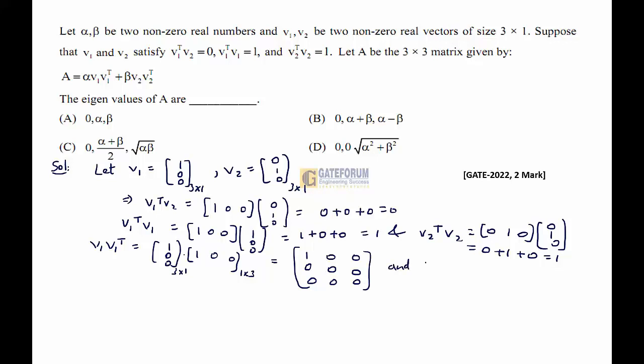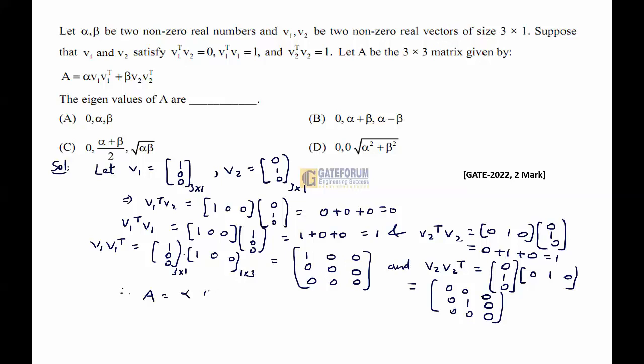And v2 v2 transpose. This is column vector 0, 1, 0 multiplied by row vector 0, 1, 0. So you will be getting 0, 0, 0, 0, 1, 0, 0, 0, 0. So therefore, the matrix A is alpha into v1 v1 transpose. This 3 by 3 matrix multiplied by alpha means every element of this 3 by 3 matrix multiplied by alpha.